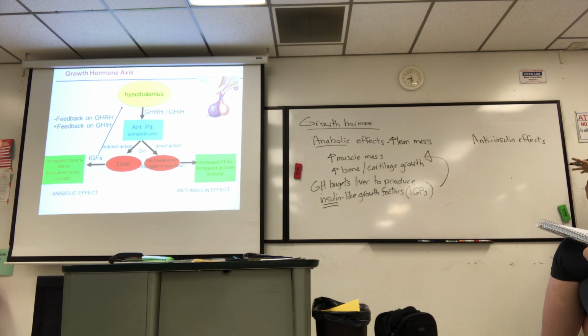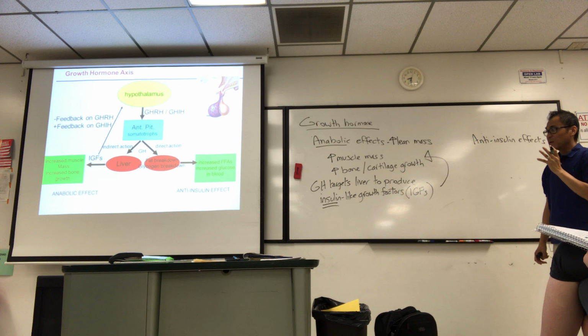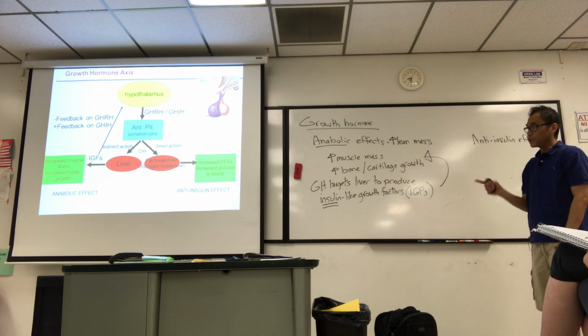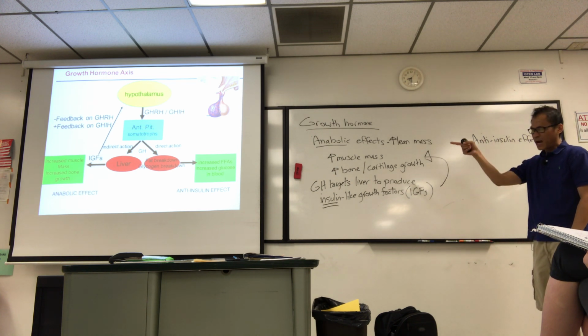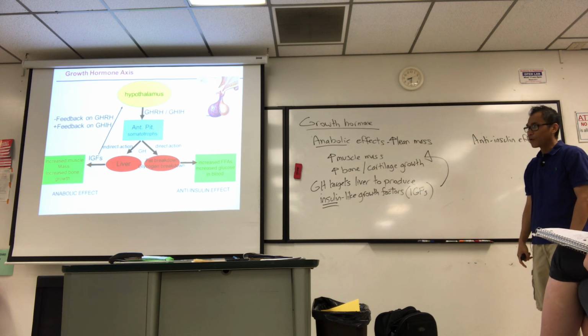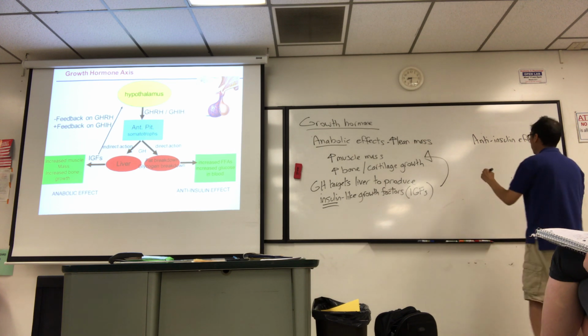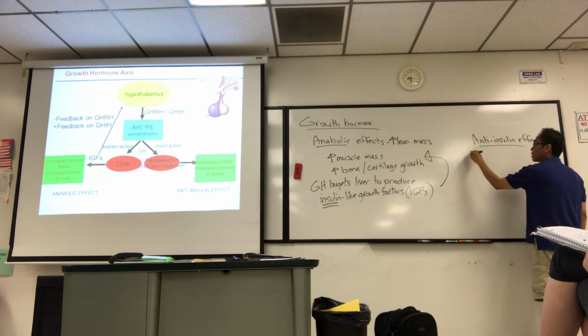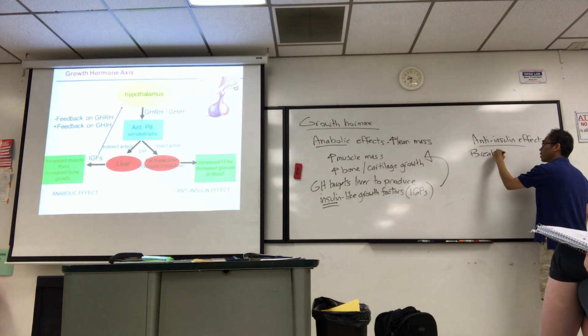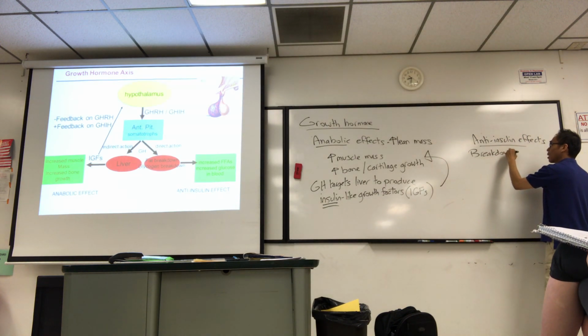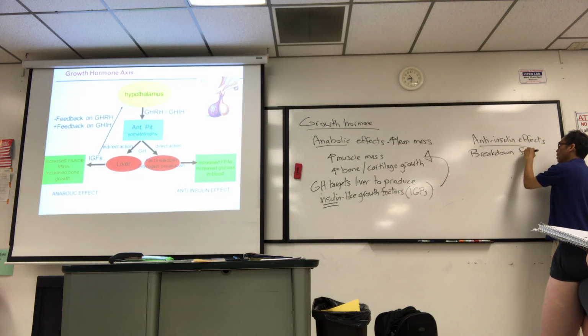If insulin is anabolic, anti-insulin is break it down. Break down your fat stores, break down your glycogen stores to increase glucose. So I say increase FFAs. That's an abbreviation for free fatty acids. So let's just say break down fat. I think you understand that.